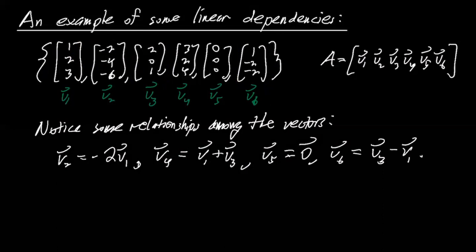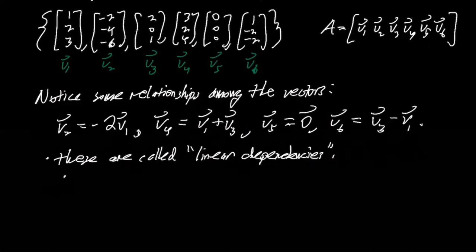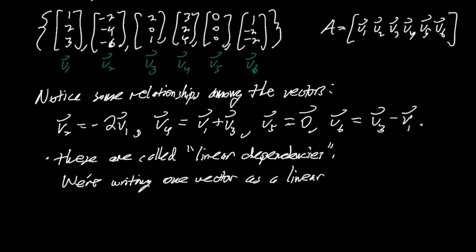All of these things are called linear dependencies among the vectors. The idea is that you're writing one vector as a linear combination of some of the others.